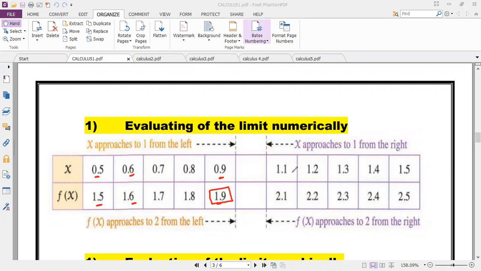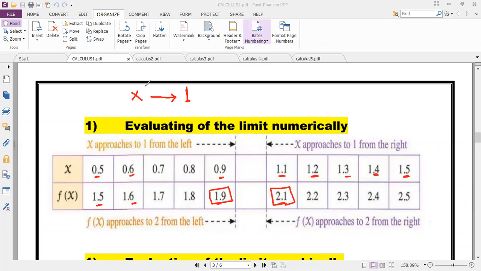When we take a value more than 1, just a little bit more than 1, like 1.1, 1.2, 1.3, 1.4, 1.5, stuff like that, we notice as we take values closer to 1, we will get a value for the function close to 2. Okay, so as x approaches 1 from the left, what is the meaning of from the left?